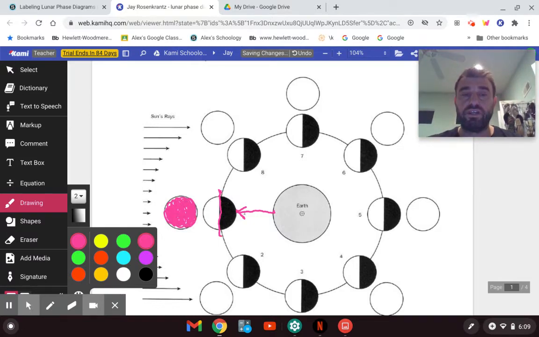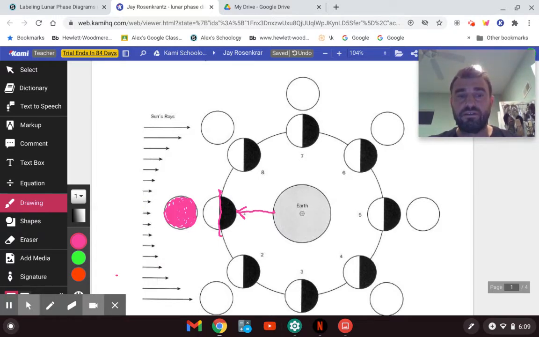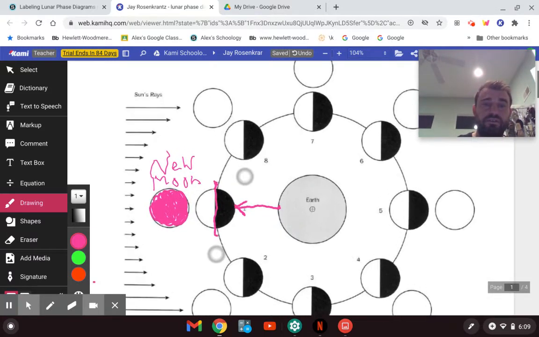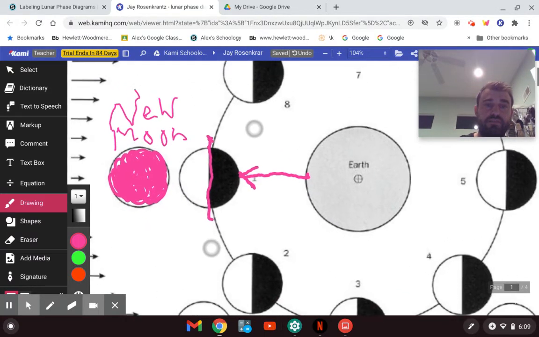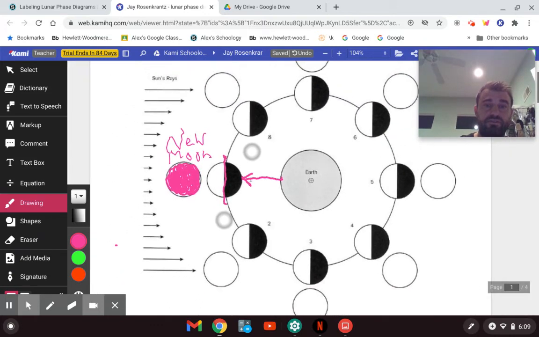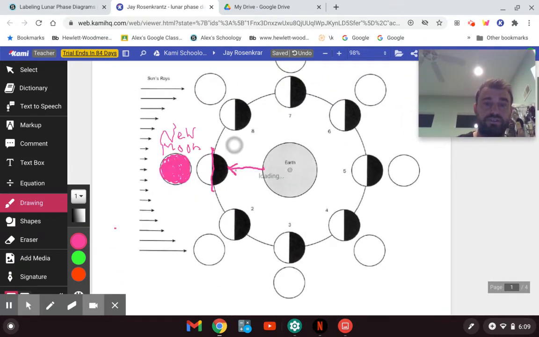Okay, so you're going to shade in that whole circle. And then you're going to title that New Moon. You may want to use text box if it doesn't come out as neat. You can also zoom in and make it a better image and then zoom out, all right, which will help with the other pictures.